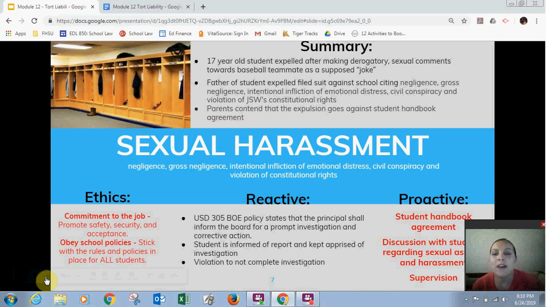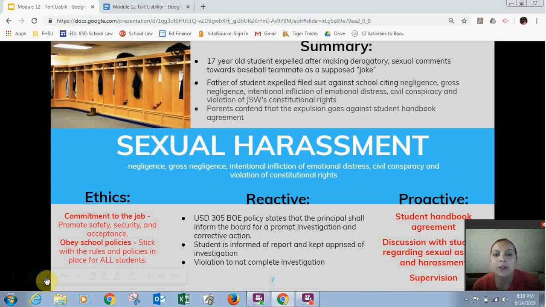Most of this goes to the fact that the student was expelled before the parent was contacted, and that the steps for an investigation in the student handbook agreement were not followed before the student was expelled.